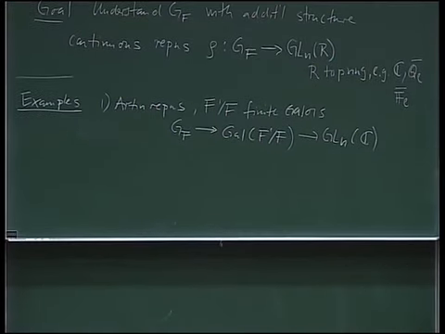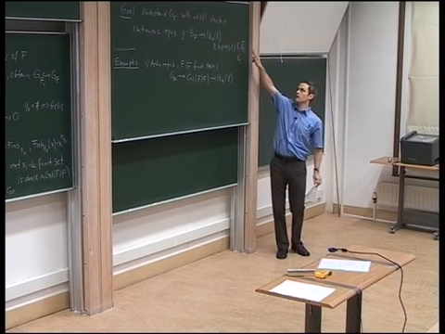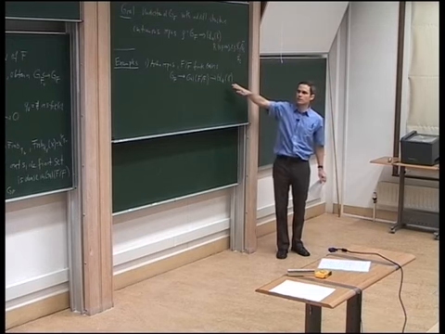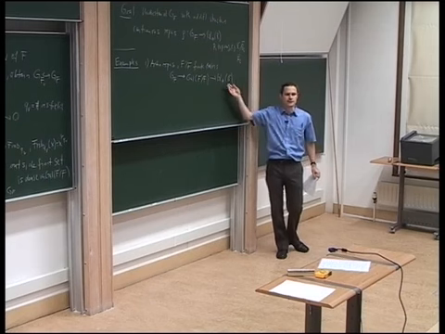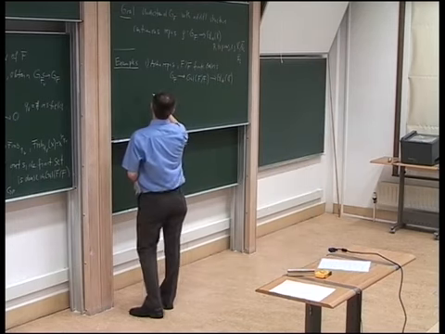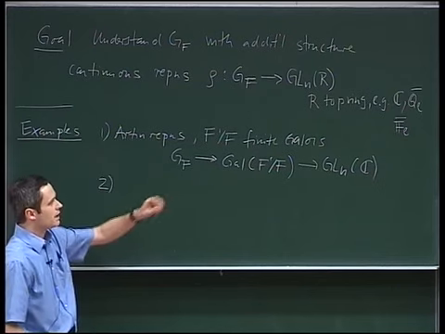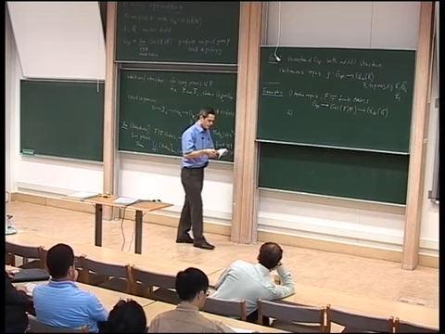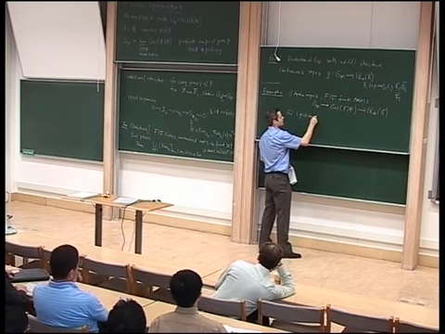If we were to fix a ring isomorphism of Q_l bar with the complex numbers, this would be a special case of an l-adic representation. So Artin representations can be viewed as special cases of Q_l bar representations, but not vice versa, because we can have infinite image.